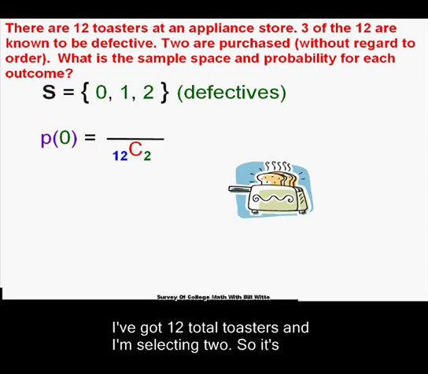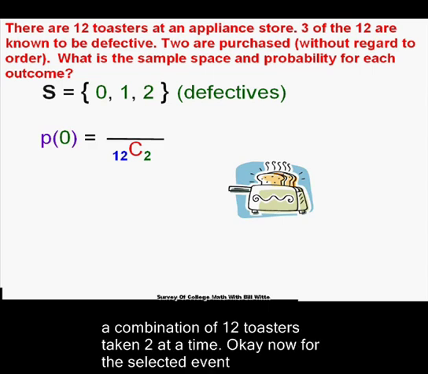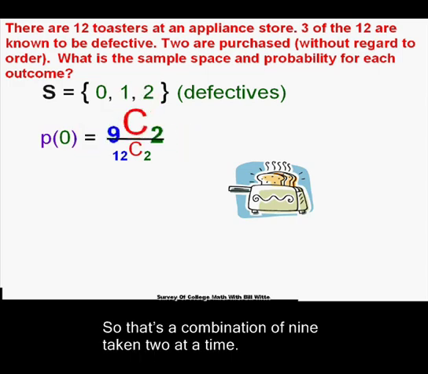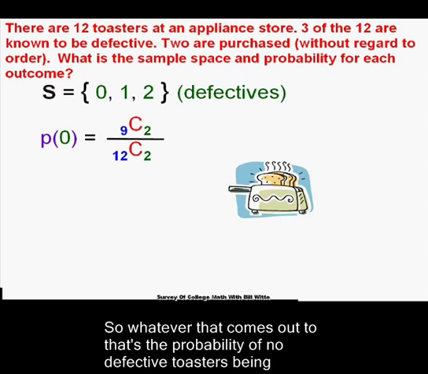Now, for the selected event, which is no toasters being defective, I only have 10 to select from, right? No, 3 of the 12 are known to be defective, so I only have 9 to select from. So I'm going to select my 2 toasters from 9. So it's a combination of 9 taken 2 at a time. So whatever that comes out to, that's a probability of no defectives.